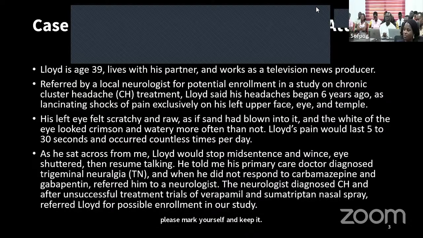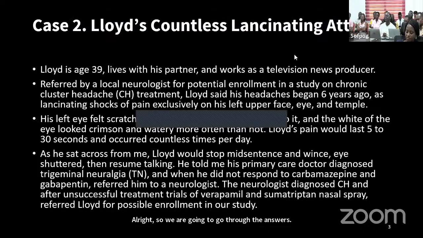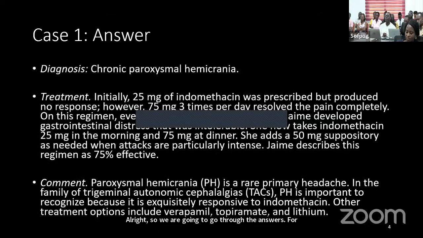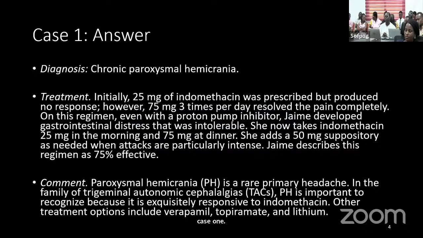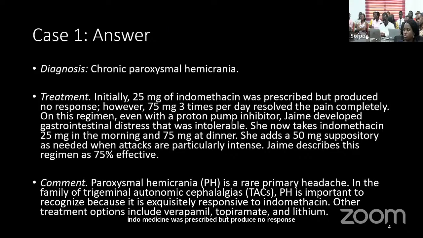All right, so we are going to go through the answers for case 1. Diagnosis: chronic paroxysmal hemicrania. Treatment that was given: initially, 25 milligrams of indomethacin was prescribed, but produced no response. However, 75 milligrams 3 times per day resolved the pain completely.